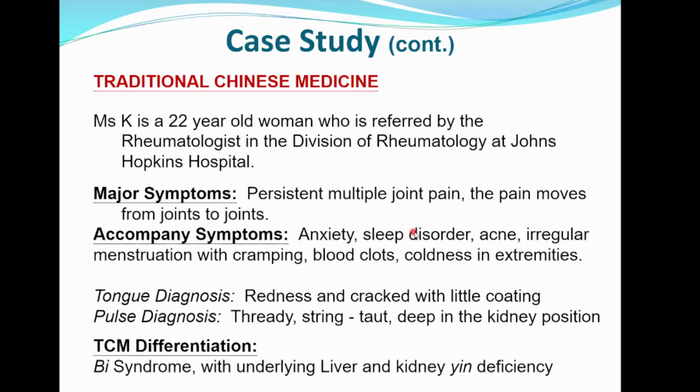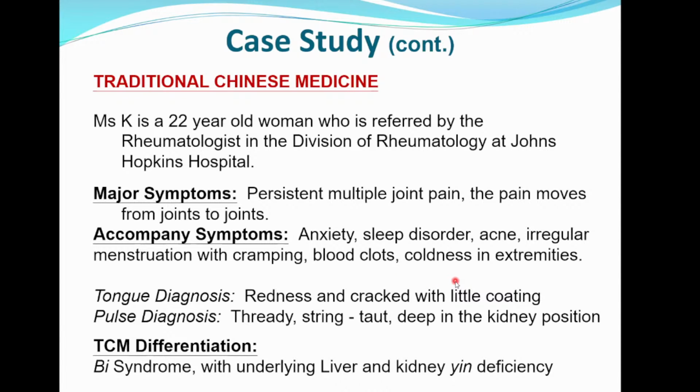The major symptom is persistent multiple joint pain. The pain moves from one joint to another joint. Accompanying symptoms include anxiety, sleep disorder, acne, irregular menstruation with cramping, and blood clots during the period.